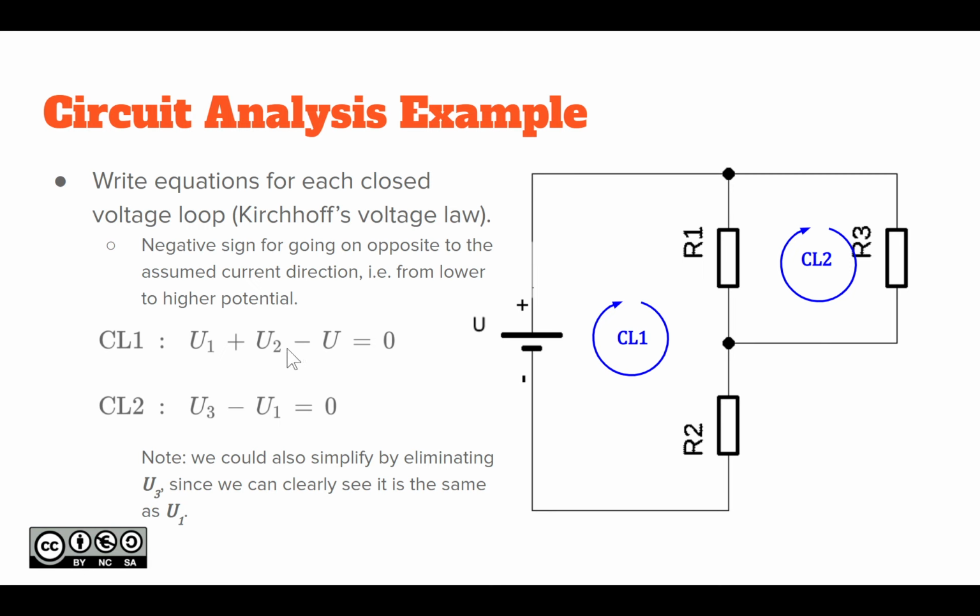That's why we have the negative sign here and here, since we thought that current is flowing in that direction, from top to bottom through R1.